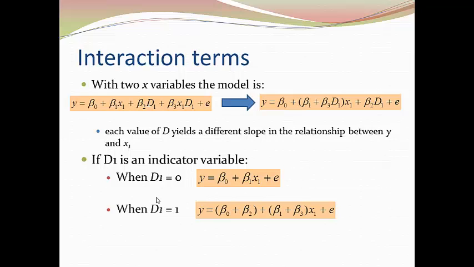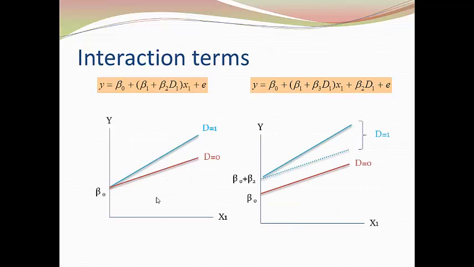Okay, so let's show this graphically. In our first graph here, the slope of the line is red, and that's the coefficient on beta 1, which is the coefficient on your x variable. Let's say age. If the dummy variable is present, then this intercept will increase by beta 2.